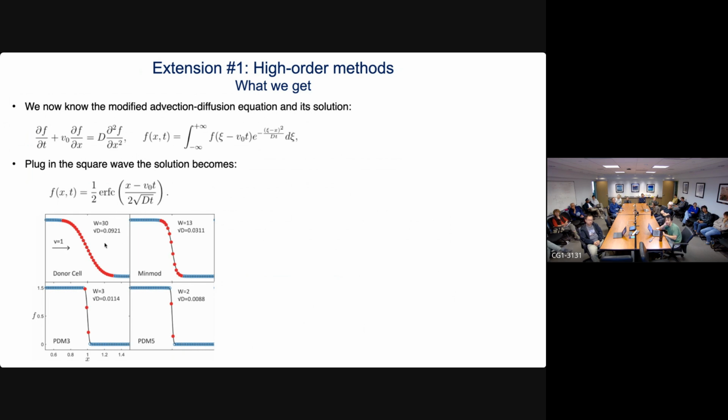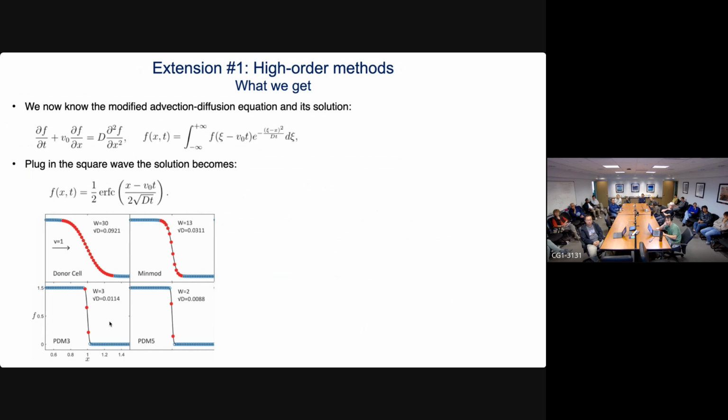And then we can compare the solution of the square wave using the lower order method and also the higher order methods. We can see that using the first order method, a discontinuity can only be resolved by using more than 30 cells. The second order piecewise linear method resolves it with more than 10 cells.